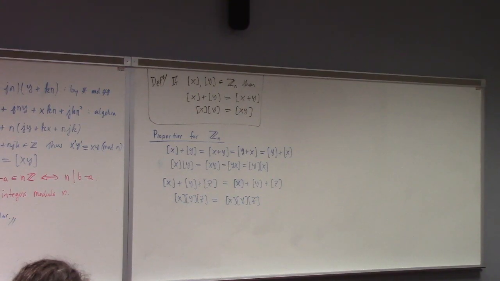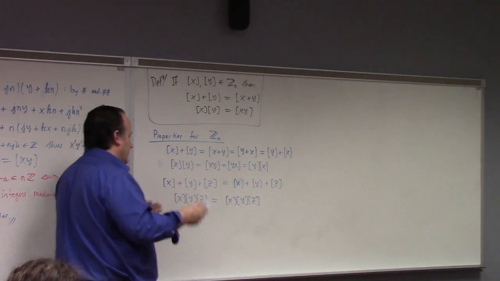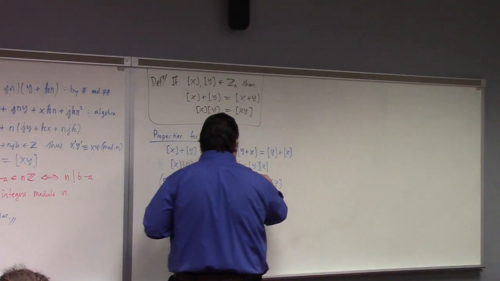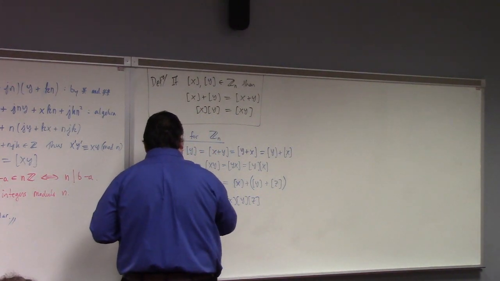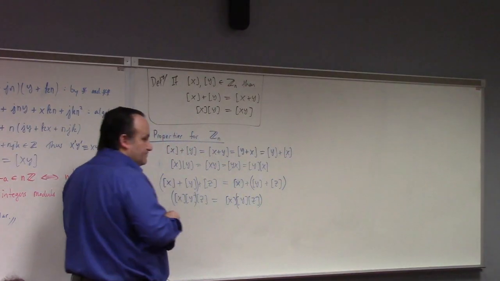When I talk about associativity, basically it's the statement that this makes sense. More specifically, we could group like this, or we could group like that, and either way we have the same outcome. So this is associativity of addition, and then associativity of multiplication.